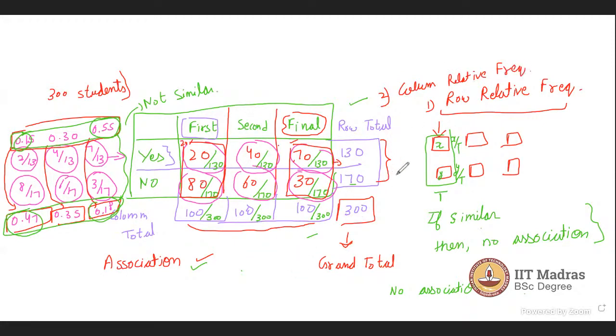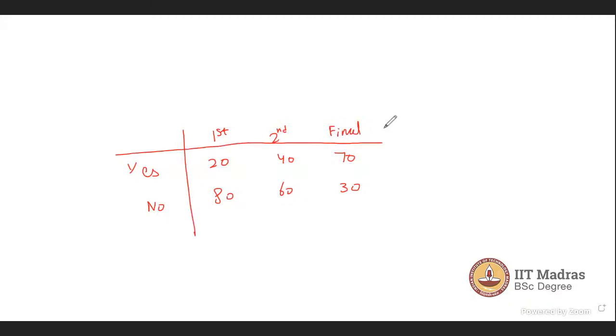Okay. Let me just clear it a bit. 20, 40, 70, 80, 60, and 30. Yes and no, first year, second year, and final year. So you may also see some questions like this. This is my column total.